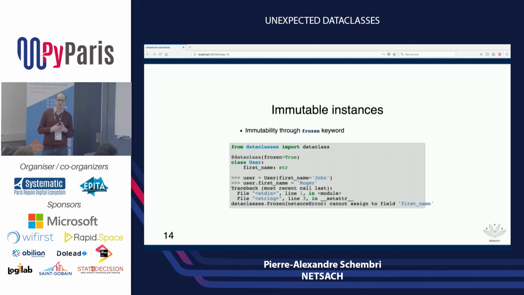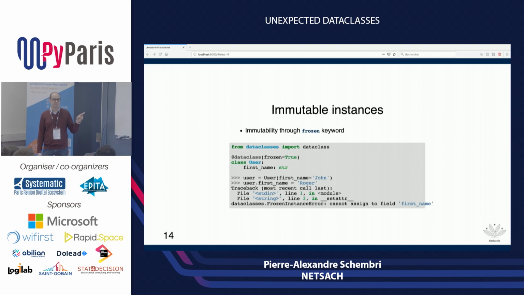One of the key features that dataclasses also push to you is the immutable instances. So we saw that named tuples were immutable. Dataclass brings us mutable with defaults, but we can still have the immutable kind of behavior just by adding the frozen keyword equal to true.